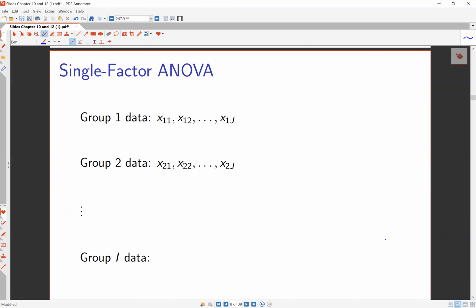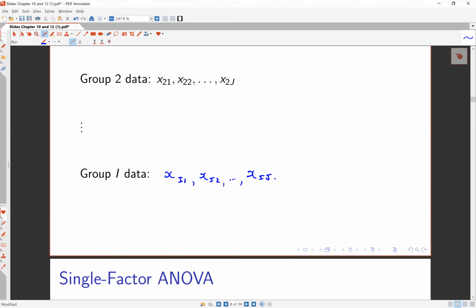So the first index indicates group membership, and the second index is just a placeholder for where the observation is in the sequence of being collected. So group 2 data would be x21, x22 through x2j, and the group I data would be xi1, xi2, all the way through xij.